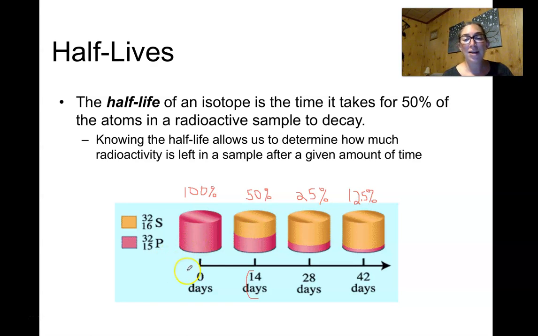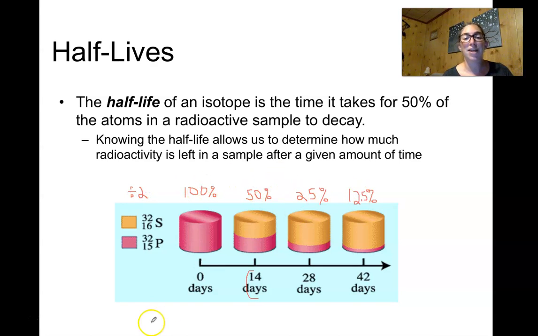So the best way to do half-life problems is to map it out just like this. Along the bottom, I will often write out each half-life time, and then on the top, write out how much is left. So on the top here, what we're doing is dividing by 2 each space.